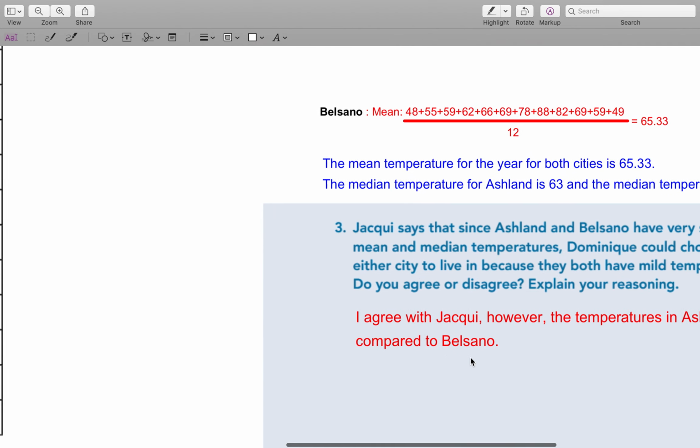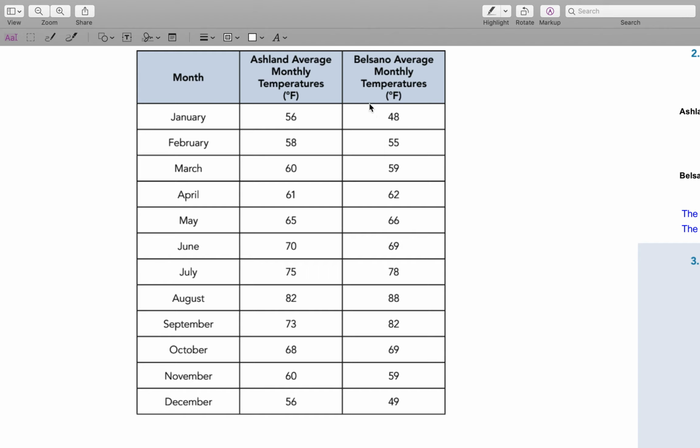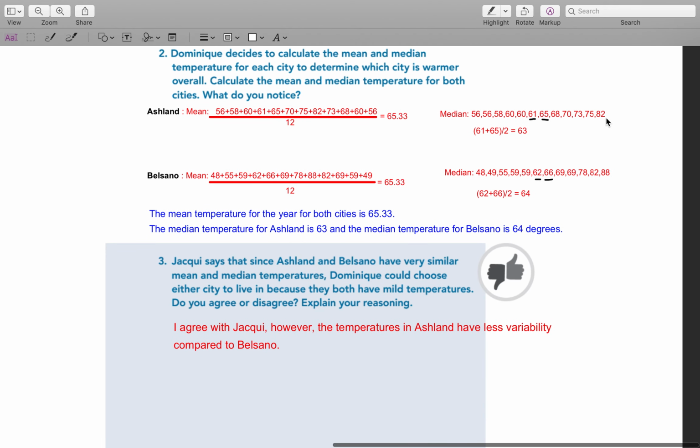That means if we were looking at the range for both, Ashland's range would be from 56, that was the smallest, to the largest, 82, versus Bolzano's, which was 48 to 88. So it has a higher range. Personally, I would pick Ashland because of the less variability.